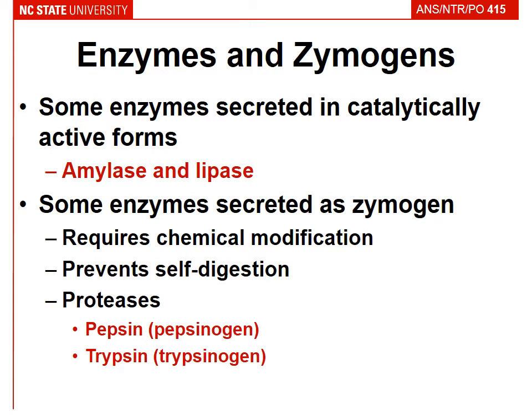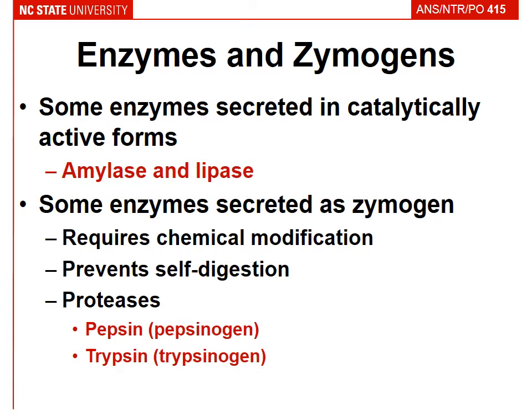These include amylase and lipase. Amylase and lipase are secreted from the pancreas, and they do not need to be activated. They don't need any cleaving of a component on that enzyme. Nothing needs to be done for them to work.